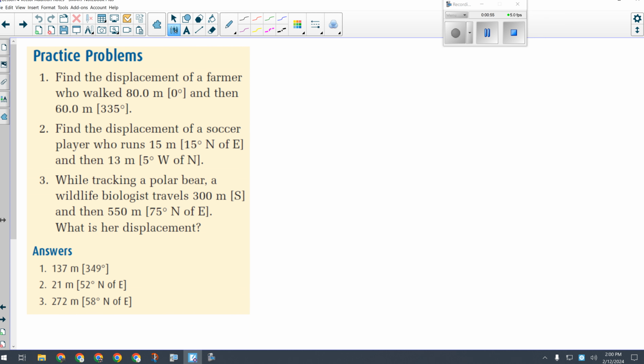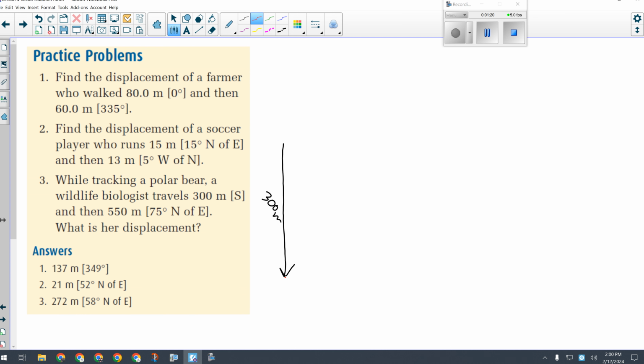So when I'm drawing this diagram, I have a 300 meter long vector going due south. My next line is 550 meters. It's almost twice the length of that arrow, agreed? And it's 75 degrees north of east.